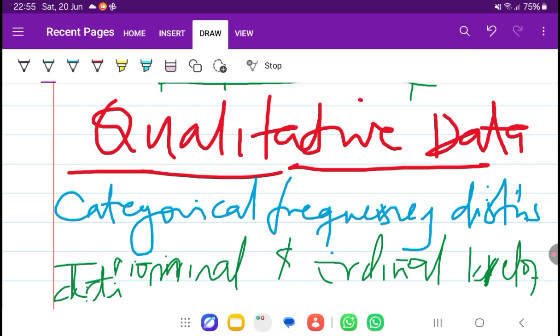These are the ones that we are going to be finding here. For example, we shall have information regarding political affiliations, religious affiliations, maybe major field of study, where we use the categorical frequency distributions. And this is mainly for the qualitative data.